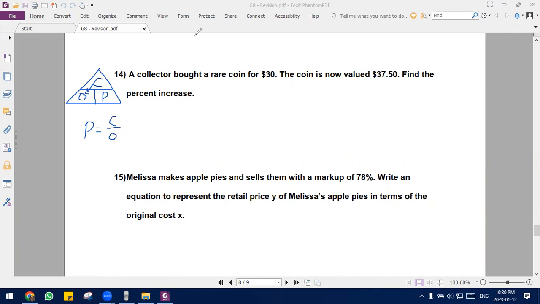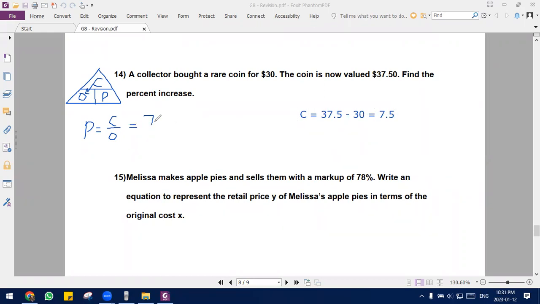Now let me find the change. The change is equal to the new value, 37.5, minus the original value, 30, which is equal to 7.5. This is the change, $7.5. Now we go back to the percent.